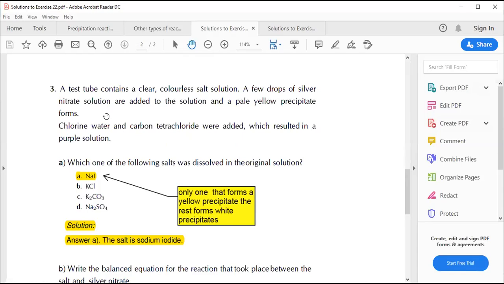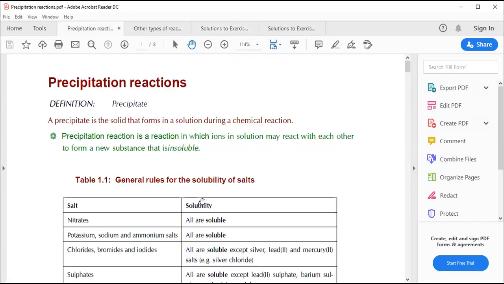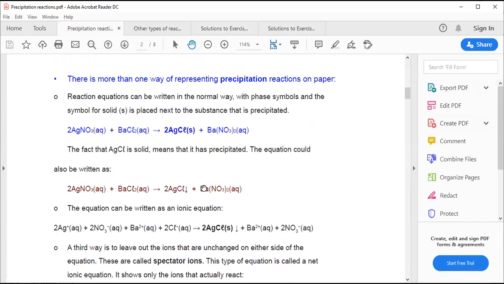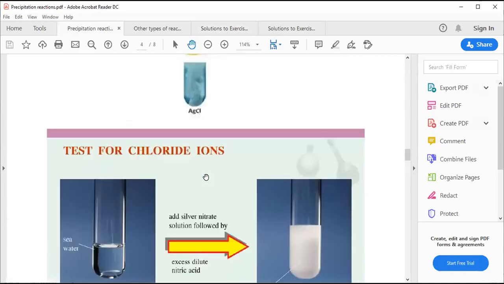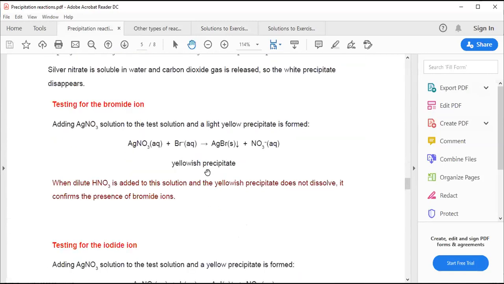Number 3 says a test tube contains a clear, colorless salt solution. A few drops of silver nitrate solution are added to the solution and a pale yellow precipitate forms. Pale yellow, right? If we go back to our table again, let's check which ones form pale yellow, on the mind map that we had initially.